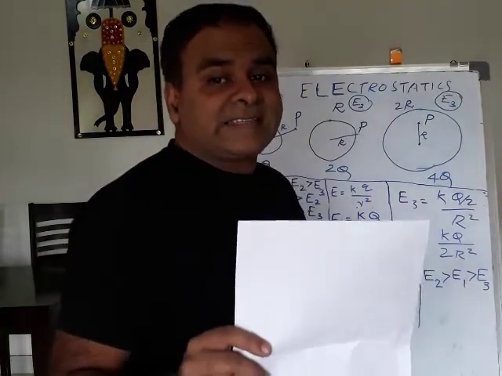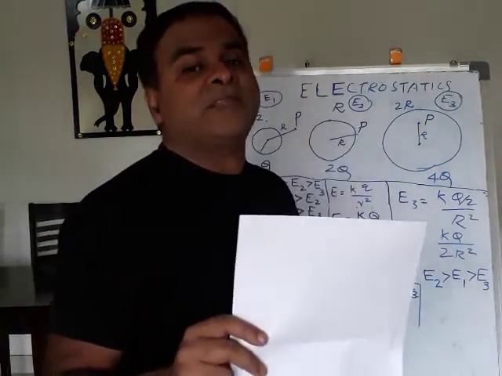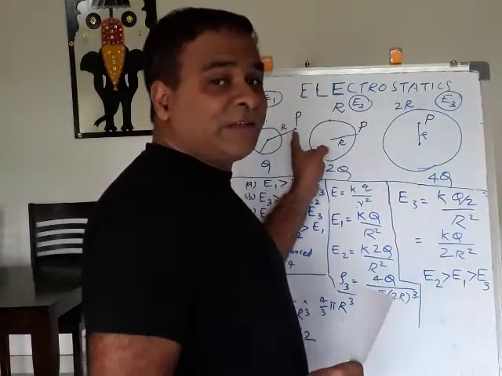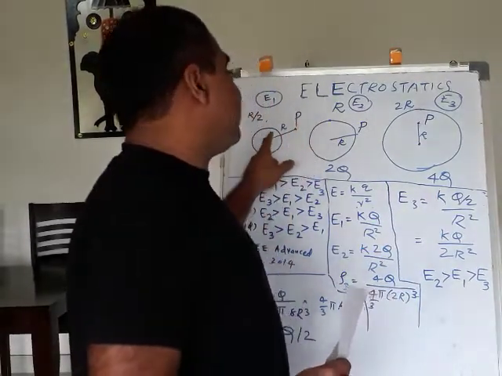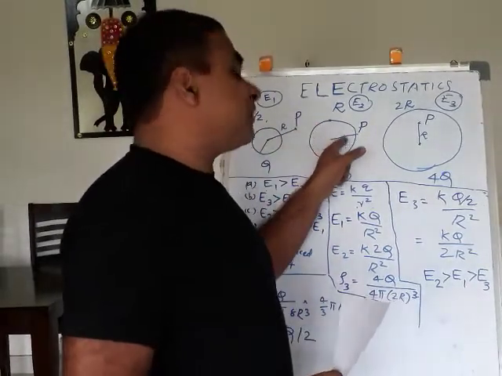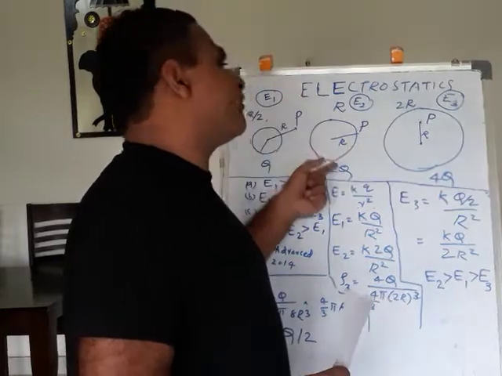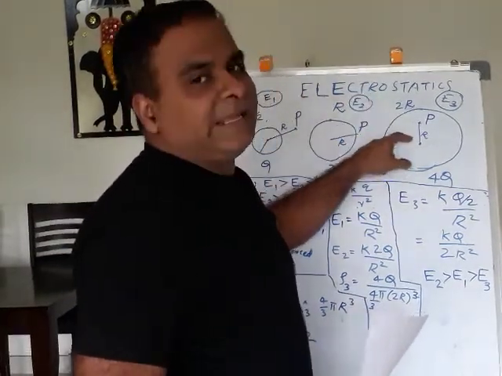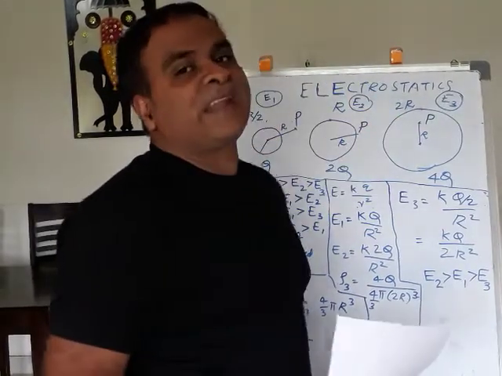P is at a distance capital R from the center of the spheres. For the first sphere, the point P is outside. For the second sphere, the point P is on the surface. For the third sphere, the point P is inside the spherical dielectric.